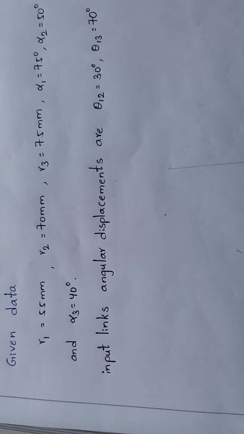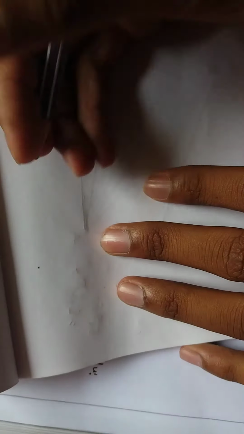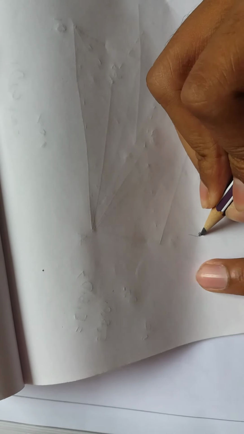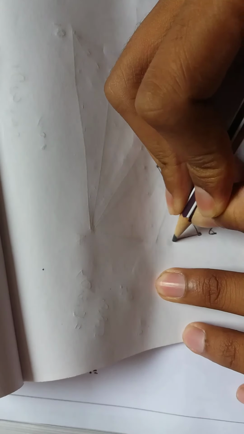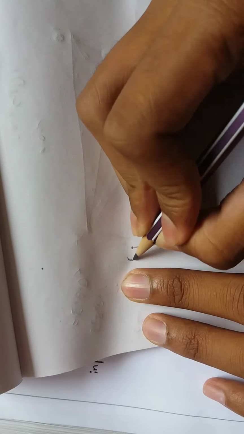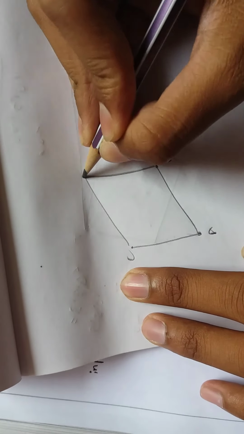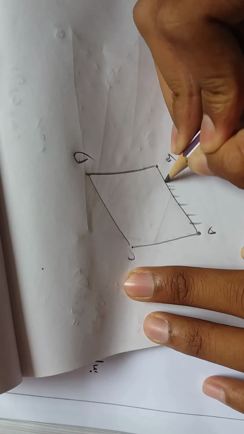So before constructing this 4-bar mechanism by path generation, let us discuss 2 points which will be useful in understanding the solution. First we need to understand what coupler points are. Let us take a 4-bar mechanism A, B, C and D. A will be the fixed link.